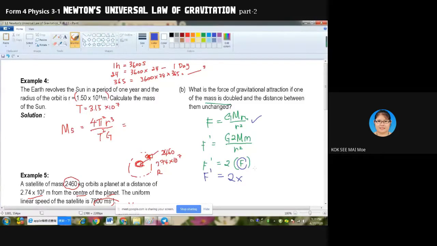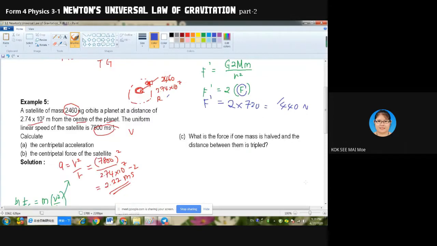What is the Newton? 720. So I need to times 2 when your mass is increasing. So I find the final answer is 1440 Newton. So I prove already. When the mass of either one increases, my gravitational attraction should increase.